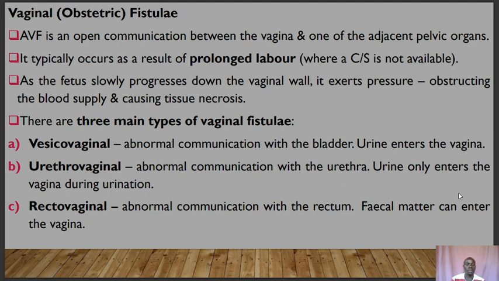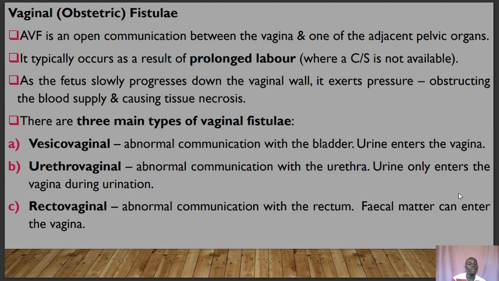So, in short, we have three main types of vaginal fistulae. We have the vesicovaginal, the ureterovaginal, and the rectovaginal. Remember, we said that the definition of a fistula is an open communication between the vagina and an adjacent pelvic organ.